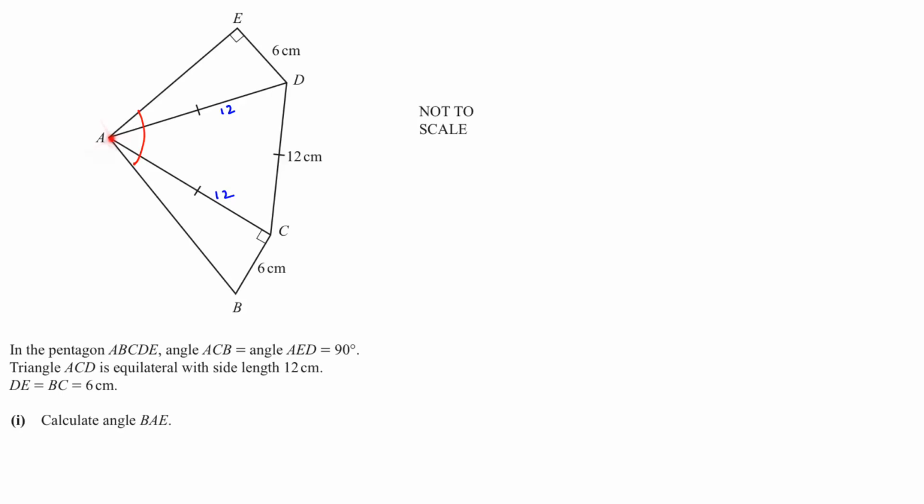Because triangle ACD is an equilateral triangle, each angle will equal 60 degrees. So this is 60 degrees. Now we have to find this angle and this angle. To find angle EAD, let's see what we have. This is the angle and we have the opposite.